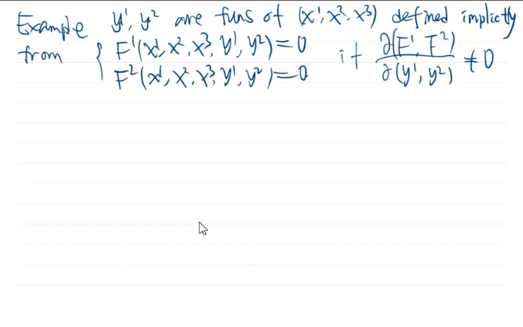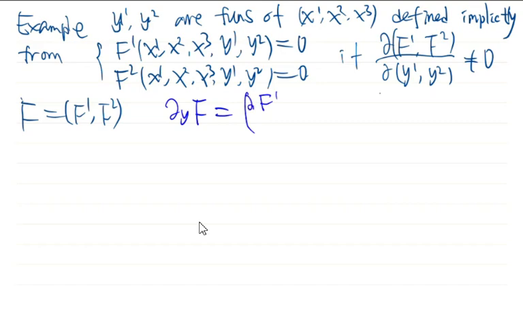Because if we denote capital F to be (F1, F2), the derivative of capital F with respect to y is precisely the matrix of F1 with respect to y1 and y2, and F2 with respect to y1 and y2.